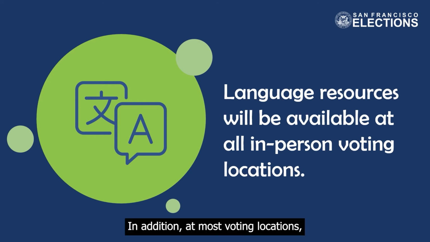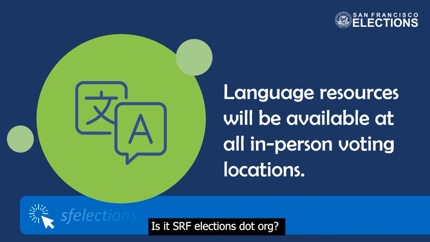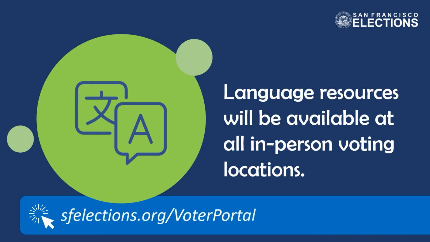In addition, at most voting locations, the department will provide in-person bilingual assistance in commonly spoken languages, with phone translation available at all sites in many additional languages. To receive your voter information pamphlet, ballot, and elections notices in Chinese, Spanish, or Filipino, visit sfelections.org/voterportal to update your language preference.